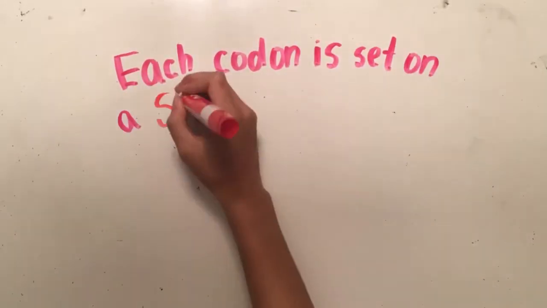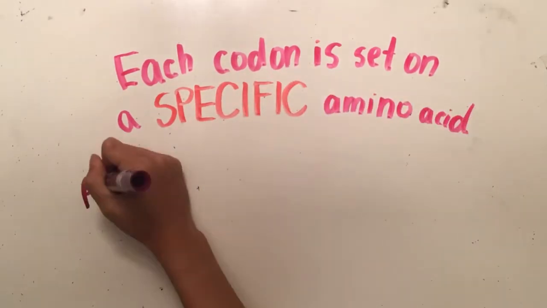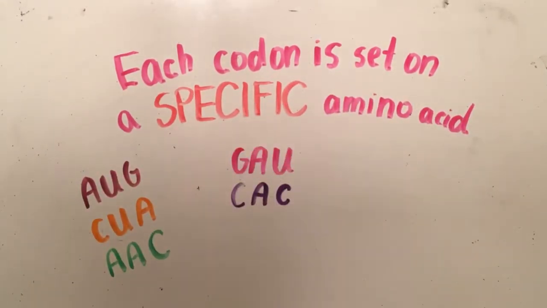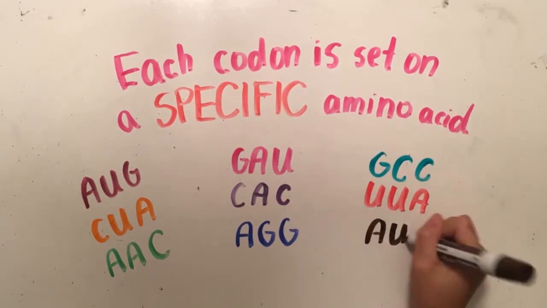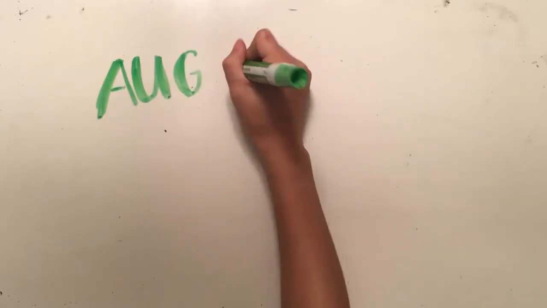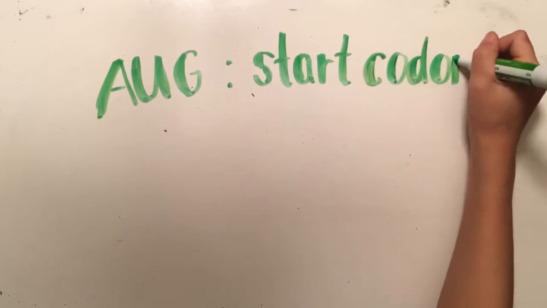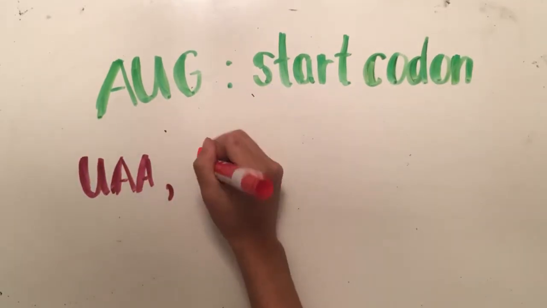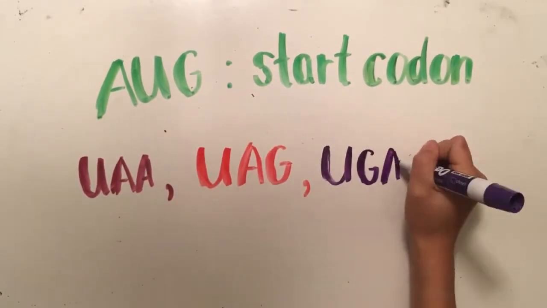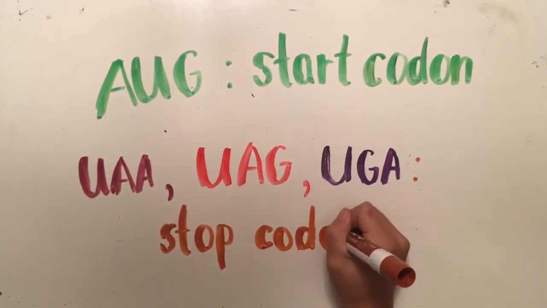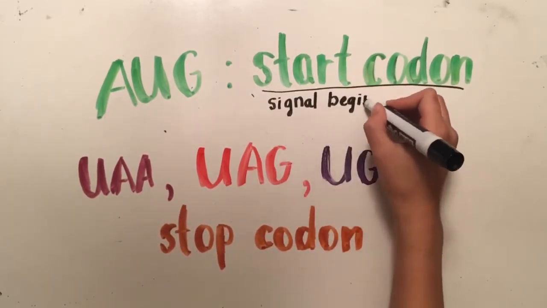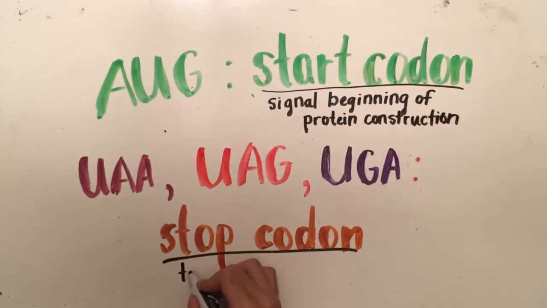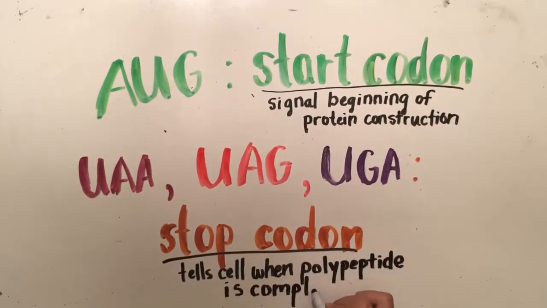A specific codon, AUG, is called the start codon and signals the beginning of a protein. 3 more codons, called UAA, UAG, and UGA, are stop codons and tell the cell when the polypeptide has been completed.